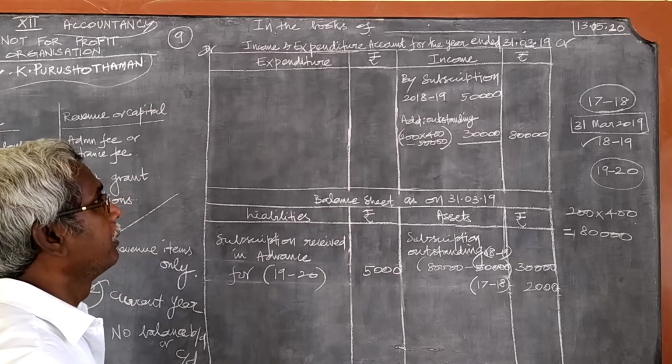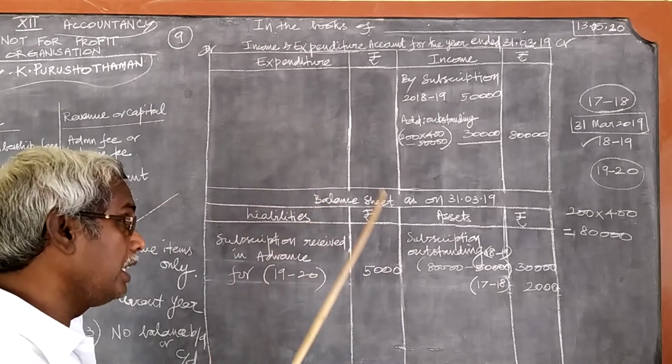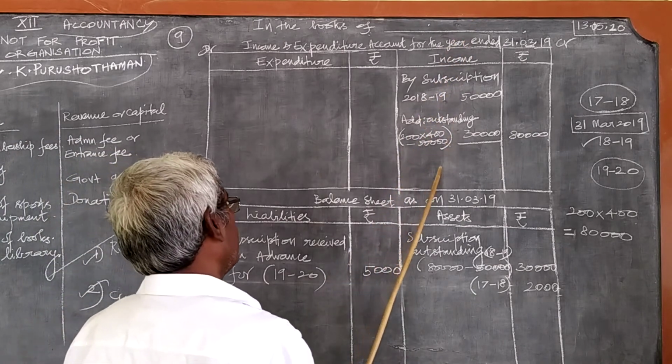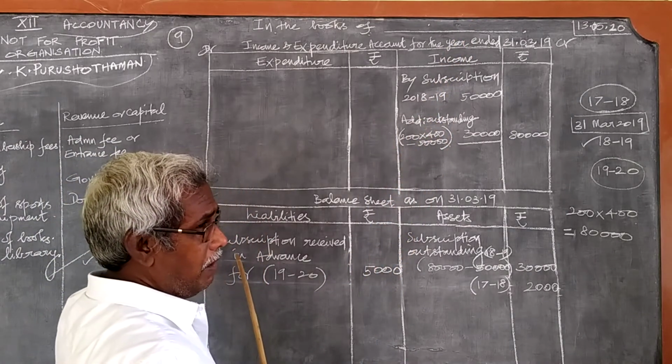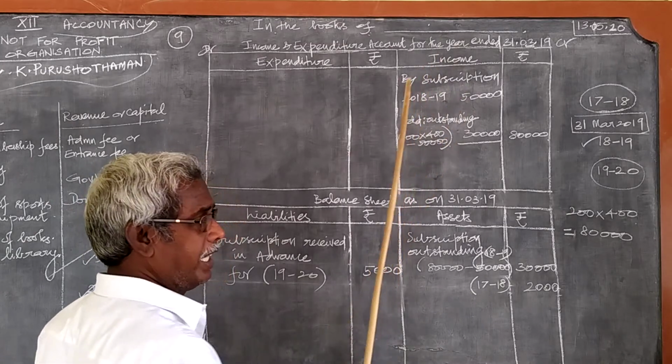Okay, we come to the point. Once again, I remind the rules. In income and expenditure account, since this problem is related to subscription, if the subscription is received or not, it should be shown under income and expenditure account. What is the amount of subscription actually received for 18-19?